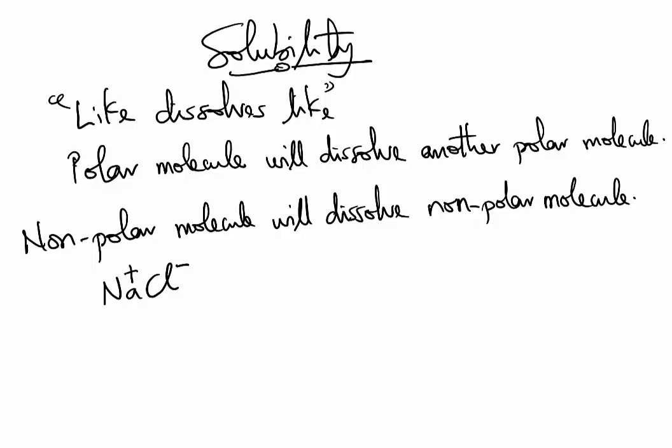They have poles, positive pole and negative pole. Which means that if you put it in water, it will dissolve. So sodium chloride is polar, and that means it will dissolve in water. But remember, not all ionic compounds will be soluble in water. Go and look at my videos on solubility rules.